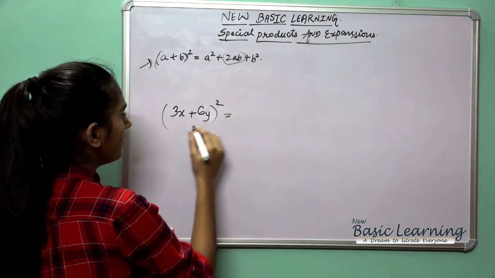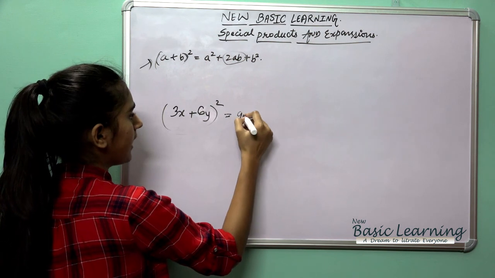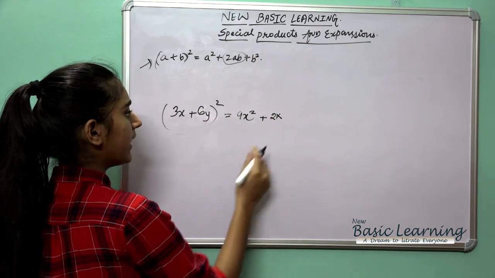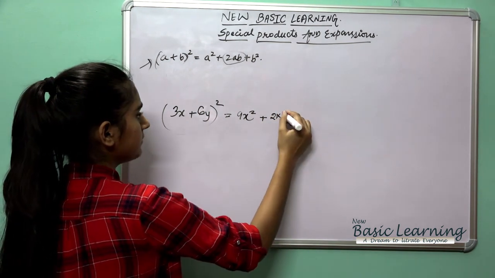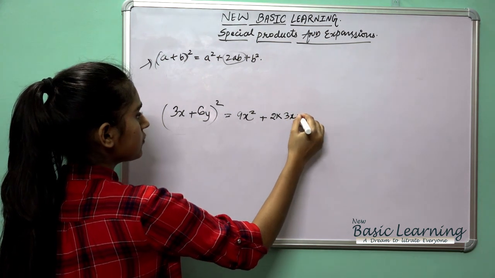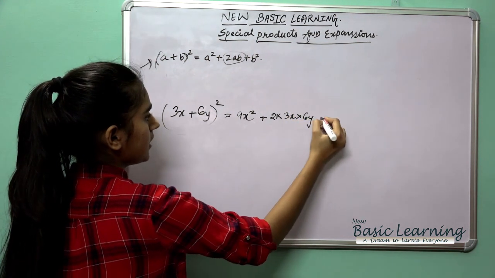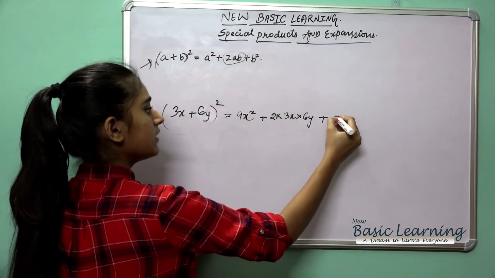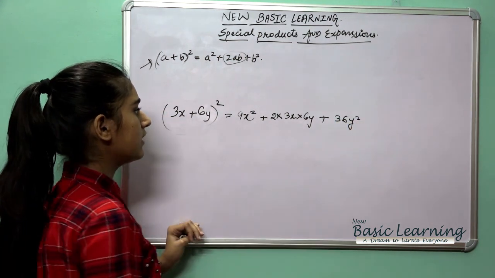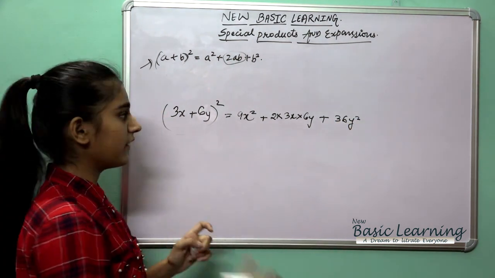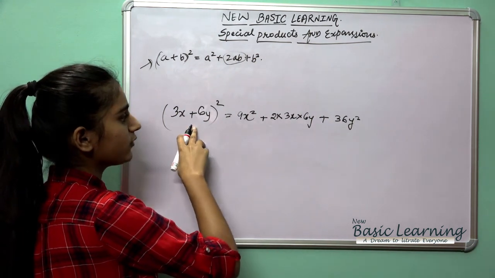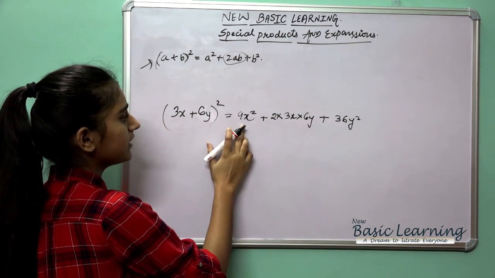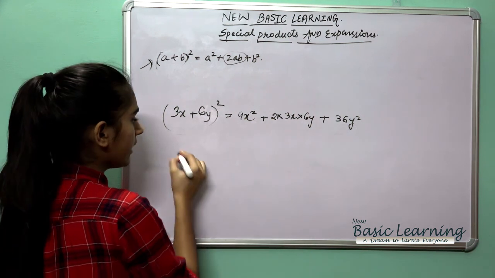Here we will apply the same formula. 3 into 3 gives you 9 and x into x gives you x square, plus 2 into the value of a, which is 3x, into the value of b, which is 6y, plus b square, so it is 36y square. Because when we multiply 6 into 6, that is 6 square, it is 36, and 3 square is 9. So this is the value, and let's calculate further.